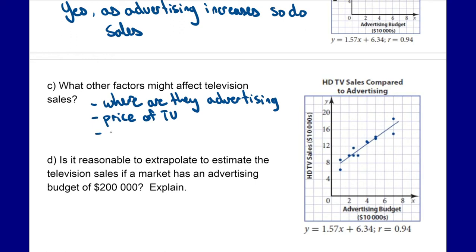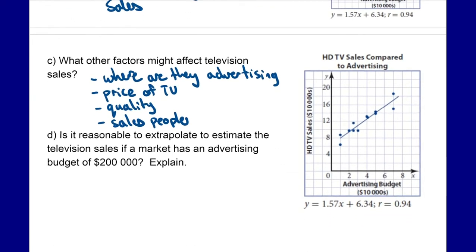Could be the quality, the salespeople. If you have good salespeople or they're in stores with good salespeople, you might be able to sell more. Could look at how much money people are making. Is it a place that makes commission? That could be a factor in how well you're doing in terms of selling your TVs. So there are other factors that could be affecting these sales, not just the advertising budget.